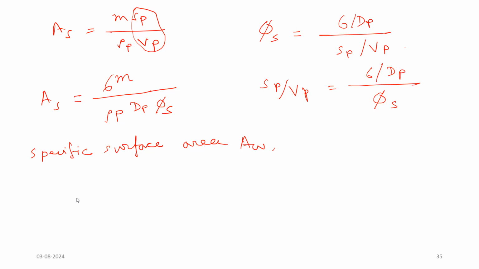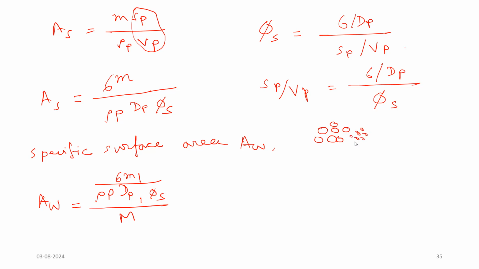So it will be 6 m1 by rho p dp1 phi s, divided by m. That means there are different sizes of particles, right? Suppose these are the bigger particles, these are the intermediate size particles, and these are the small particles, and this is the combination of all the particles. So how do we calculate the specific surface area for each type of particle?